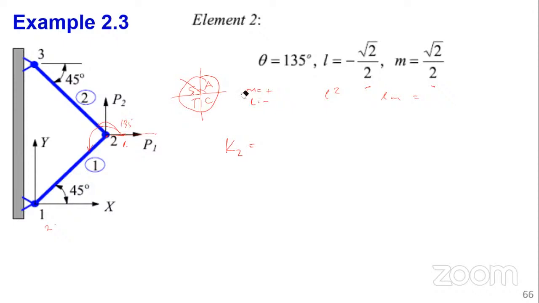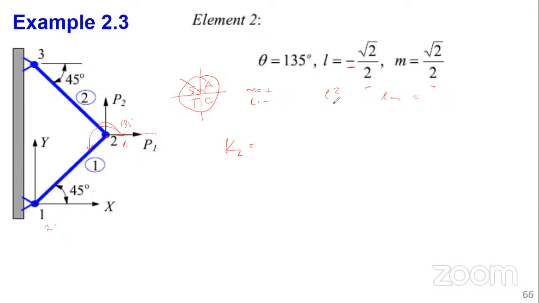Let me just erase this part here. K is equal to L squared, LM, minus X. So you have the negative signs in the matrix itself, and now we have these negative signs here. So be very careful when you are doing the pre-multiplication.